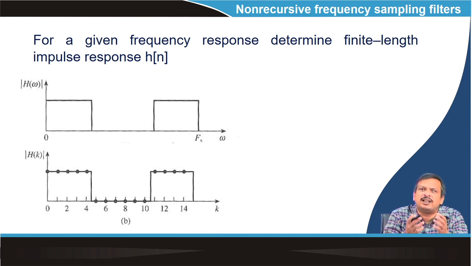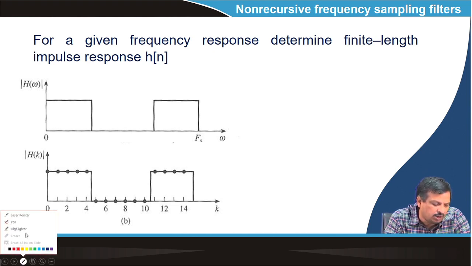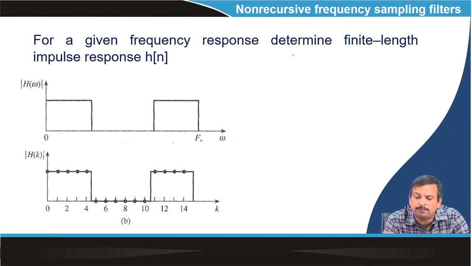It is nothing but that the given specification of the filter is a spectrum of that filter. That means I am given to design a low pass filter whose cutoff frequency is, let's say, 2 kilohertz. So let's say Fp is equal to 2 kilohertz, and then I know the sampling frequency, and then I know omega p.